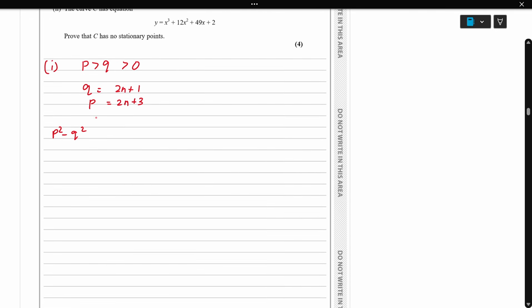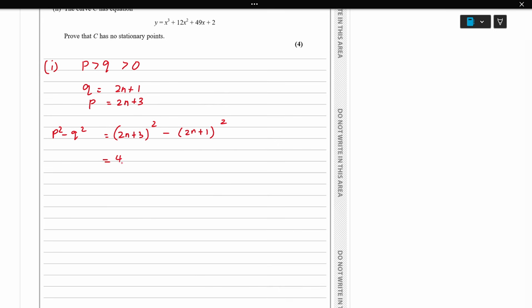So P square is 2n plus 3 whole square minus 2n plus 1 whole square. When we expand this, 2n plus 3 times 2n plus 3, we'll get 4n square plus 12n plus 9.